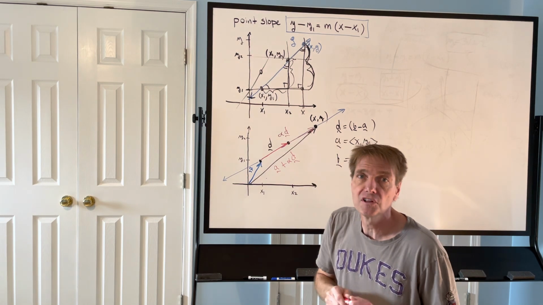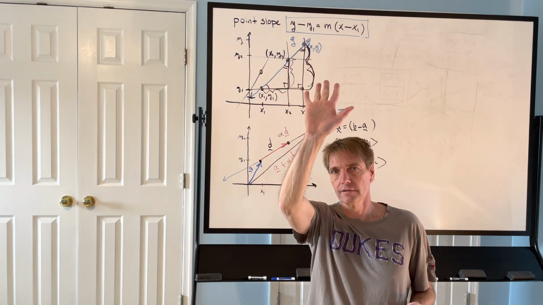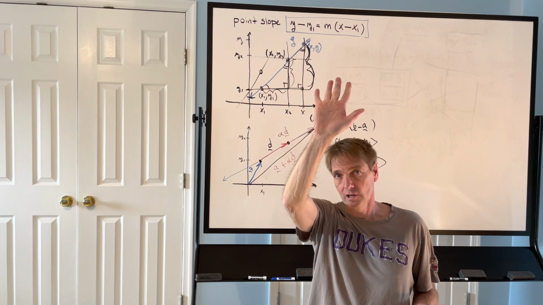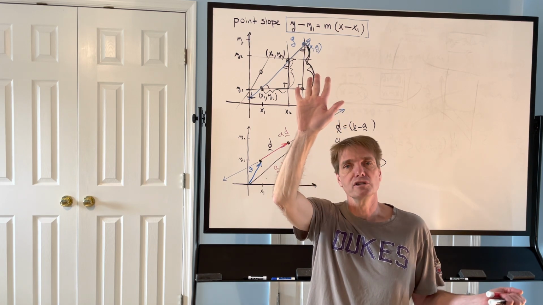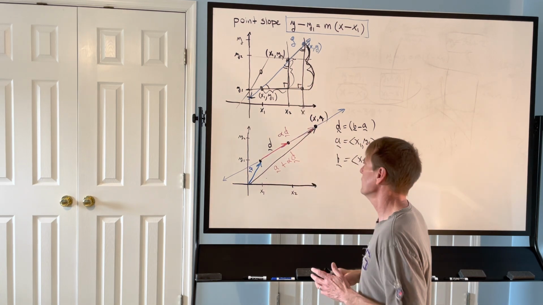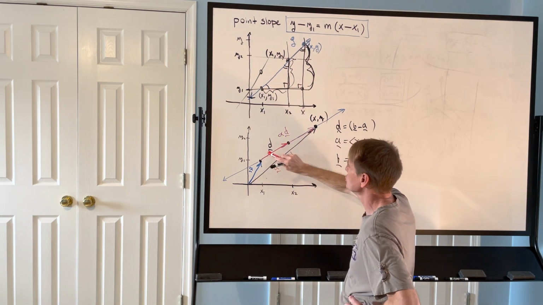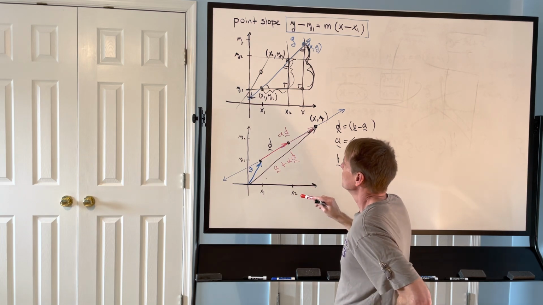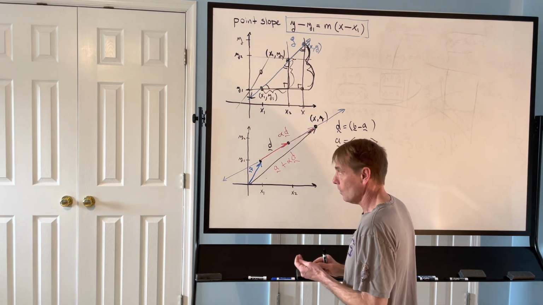How many people out there believe there would be a scalar alpha that would do that? Okay, hopefully everybody's hands in the air. Probably nobody's hands in the air but mine. Okay, there's going to be a scalar that I can stretch D to reach the point XY.